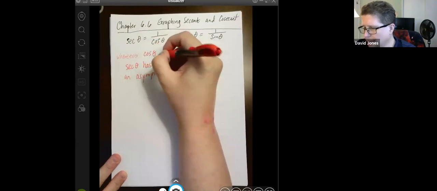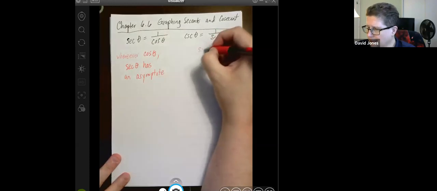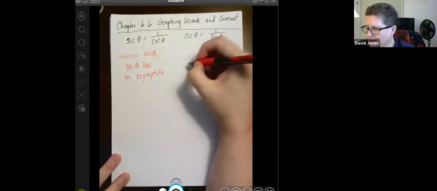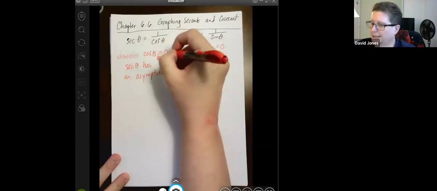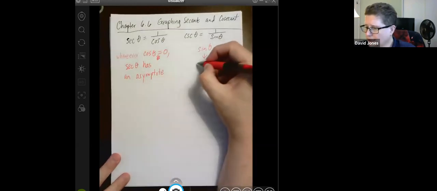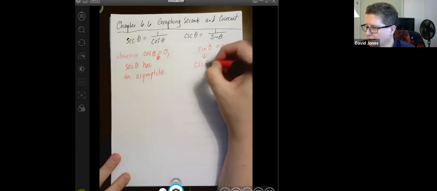And likewise, sine theta equals 0 gives us asymptotes for cosecant theta.